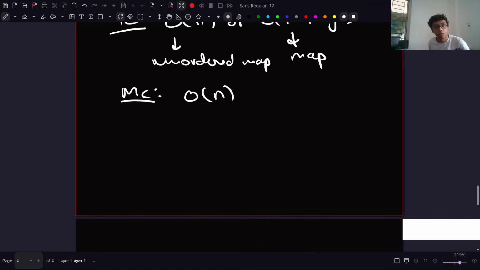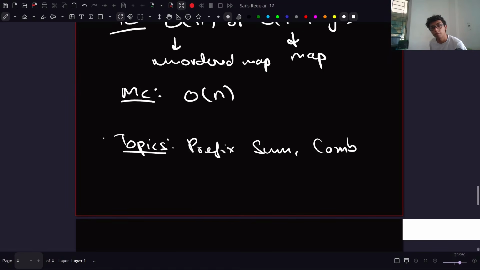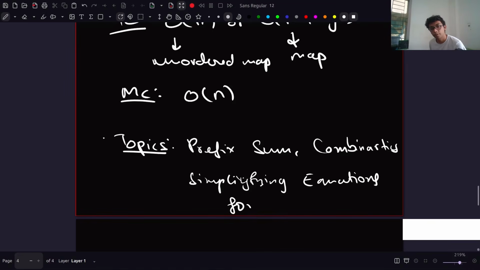The topics here are basic prefix sums, very basic combinatorics for the pair formula, and simplifying equations, although that's not exactly a topic, but knowing how to simplify equations for symmetry is a broad idea.